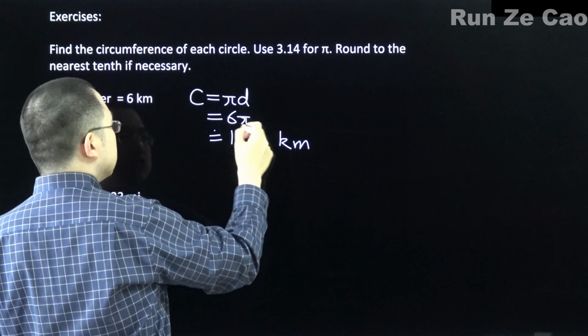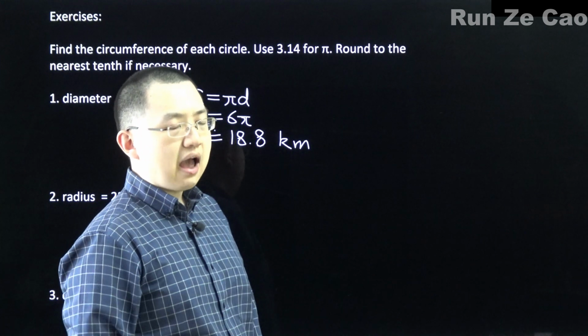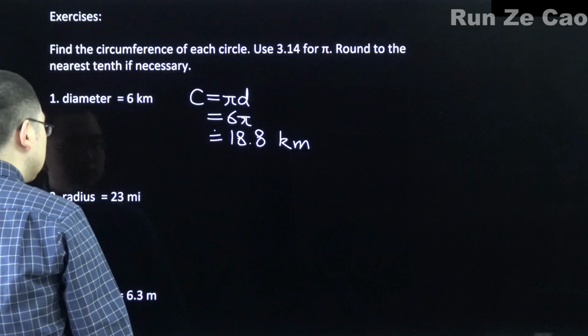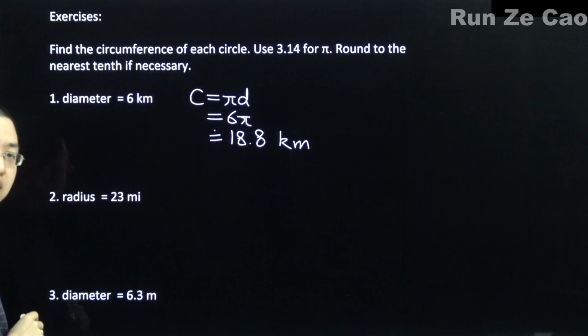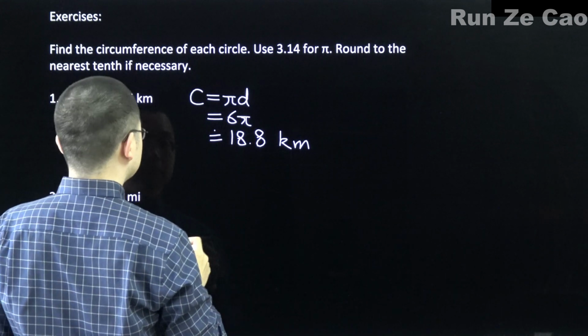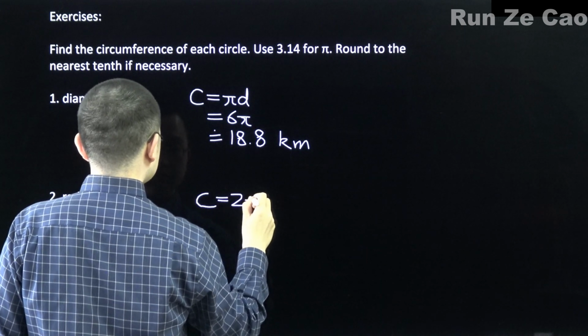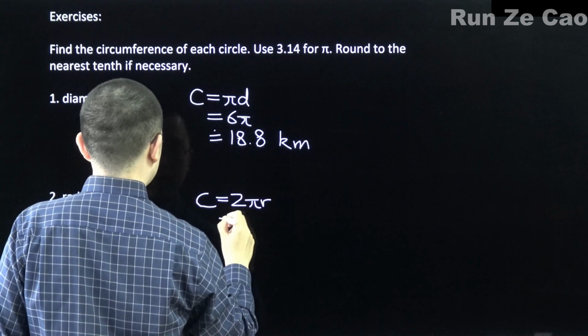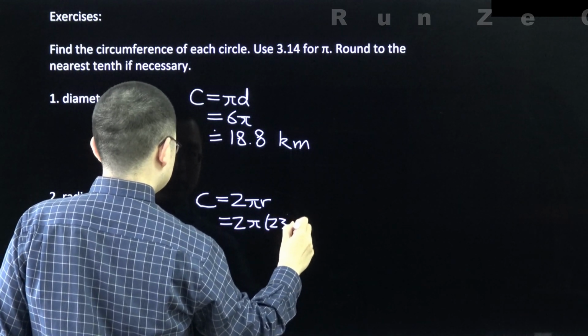Depending on convention, you may have to put the units on the last exact value you have as well, but we're just going to skip that. Radius equals 23 miles. This is a big circle. C equals 2 pi r, so that equals 2 pi times 23.